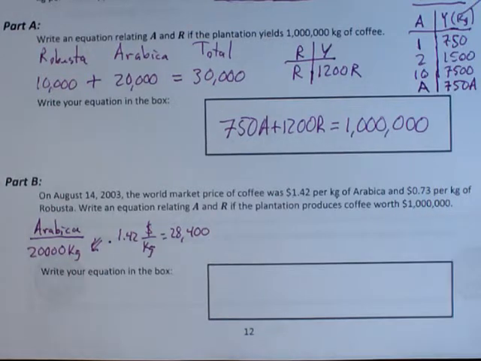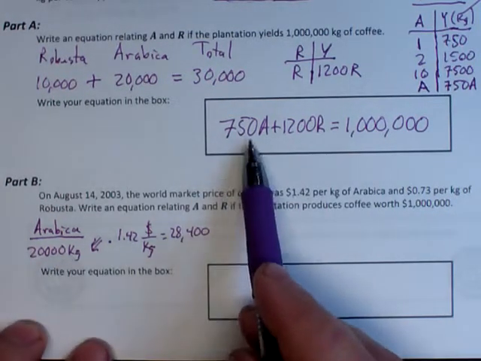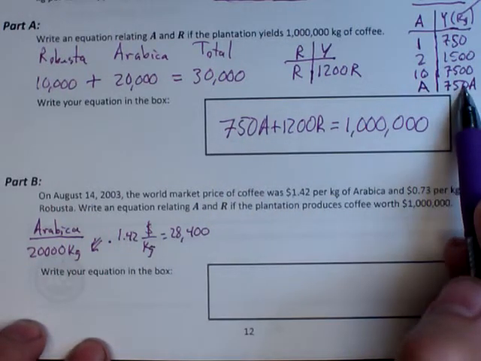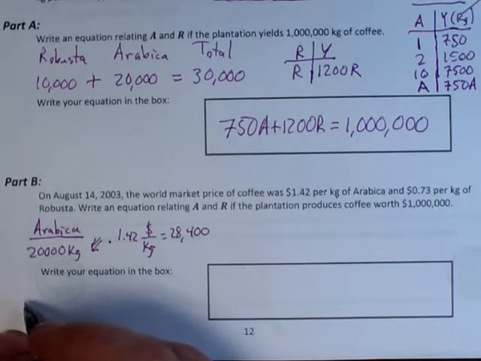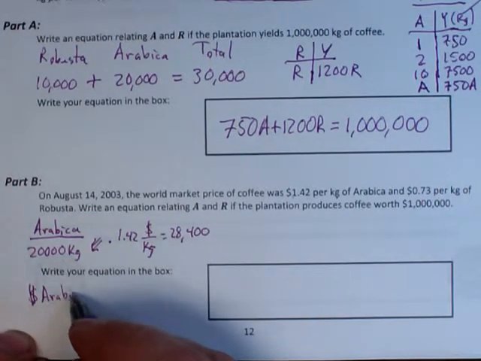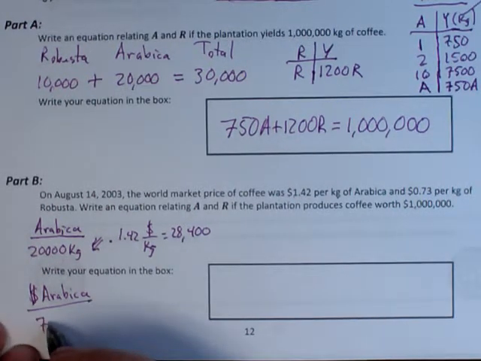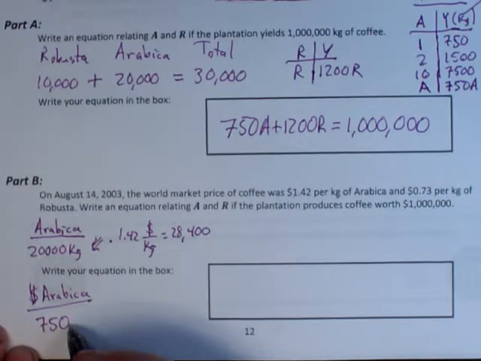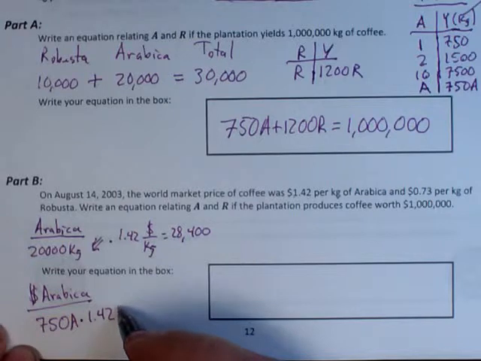Okay, but I don't have 20,000 kilograms of Arabica. I have 750A, right? So for Arabica, money from Arabica, I would do the same thing. I would take my kilograms, which is 750A, and I'd multiply by 1.42 dollars per kilogram.